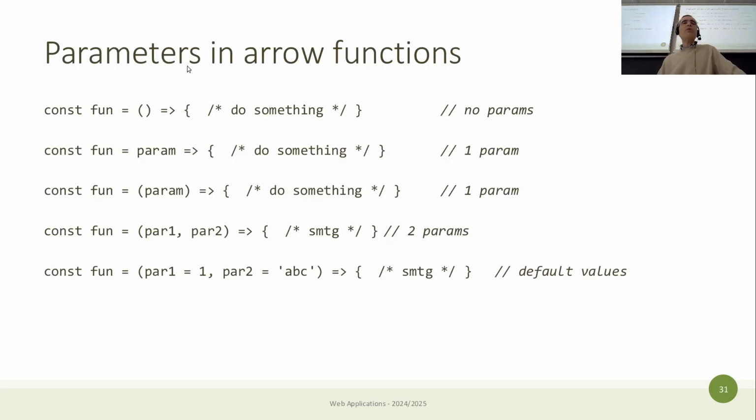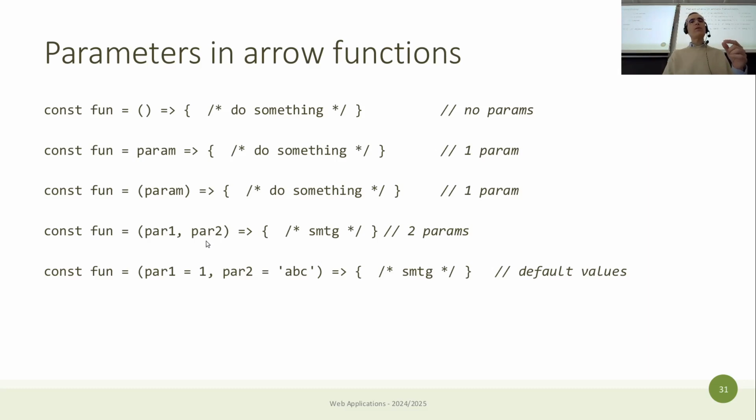So, how do we specify parameters and return values in arrow functions? Well, the third row is what we already saw before. So we have parameters and we put them between rounded brackets. That's fine. This is mandatory when you have more than one parameter, because we have the comma, otherwise the parser will not be able to parse the code.